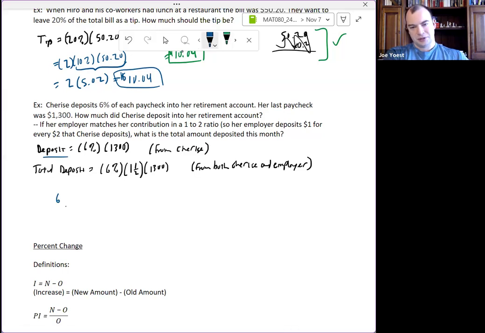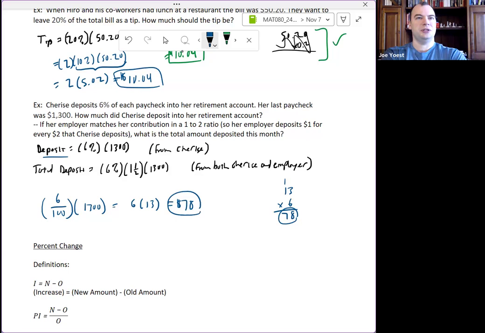So that's 6 over 100 times 1300. Well, these factors of 100 divide out, and I just have 6 times 13. 6 times 3 is 18. 6 times 1 is 6, plus 1 is 7. So we're saying that Charisse deposited $78 into her account.